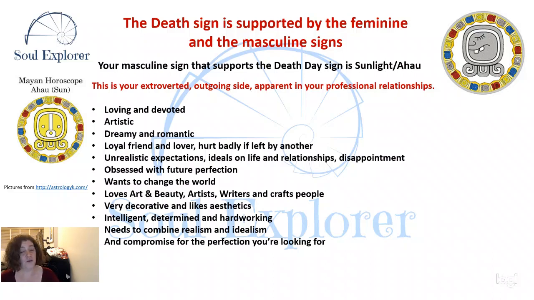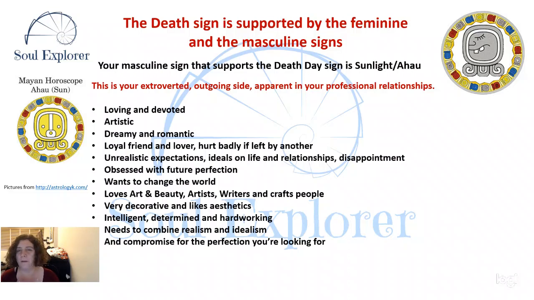You love art, you love beauty, you could be an artist, you could be a writer and an amazing craftsperson. I know a couple of sunlight people who are amazing furniture restorers and artists, and all kinds of things that you can create and do with your hands. They're very good in that way. You're very decorative. You like aesthetics.